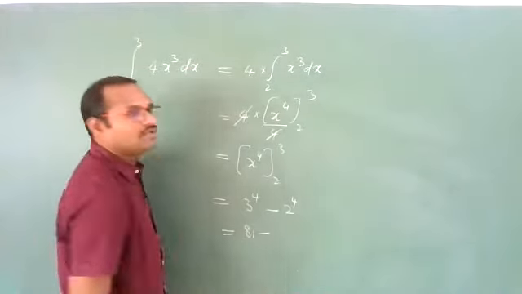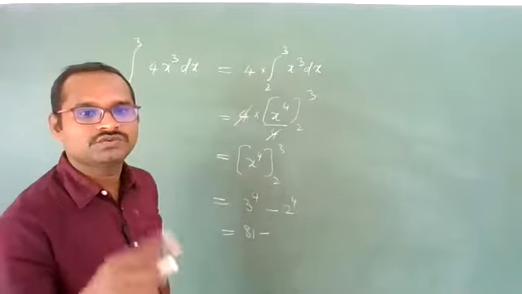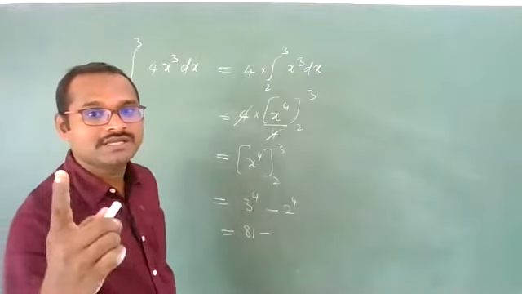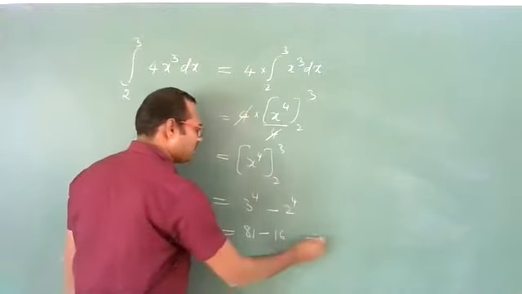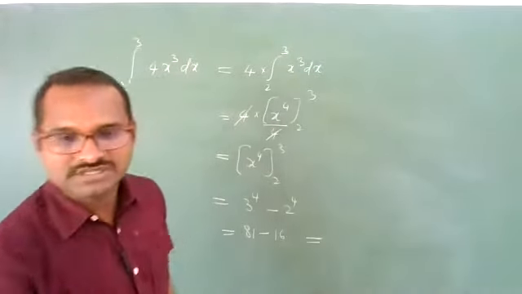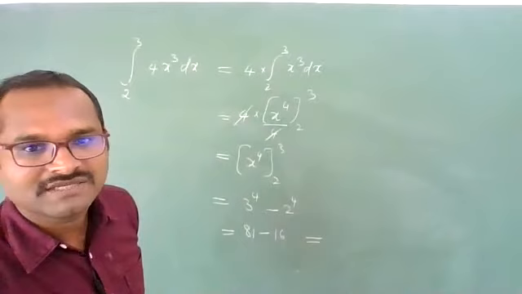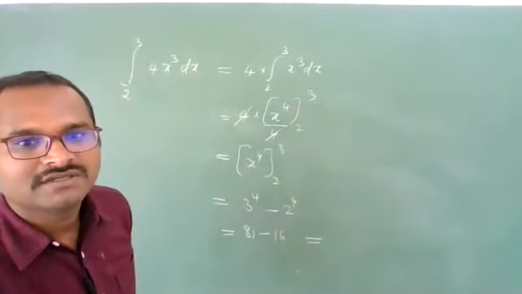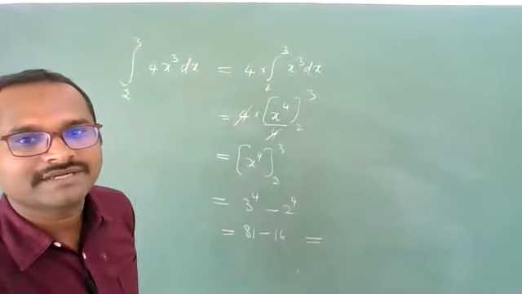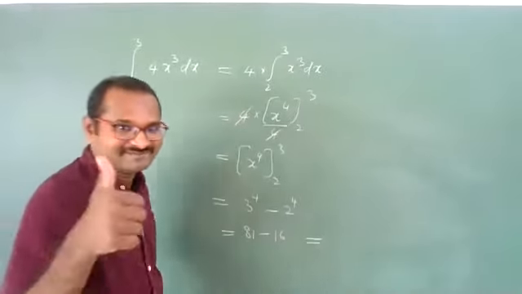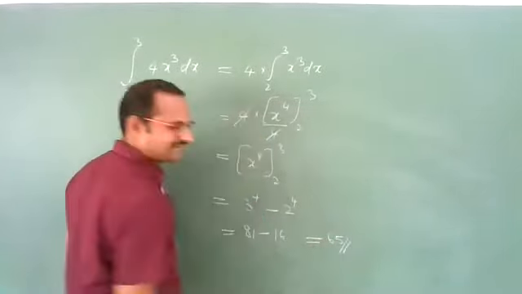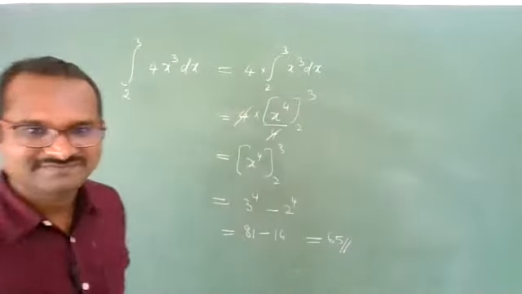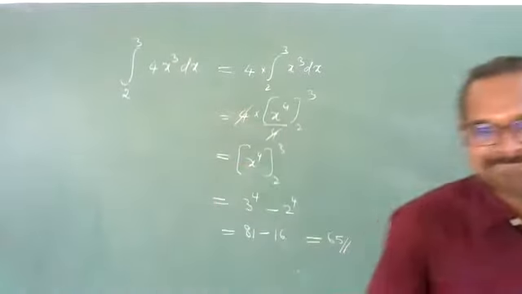Minus 2 multiplied 4 times: 2 twos are 4, 4 twos are 8, 8 twos are 16. So 81 minus 16, how much? 65. Some members have given it. Yes, Purti, Bhumika. Now you are getting it. So it is 65. Finished. Good, Swati.